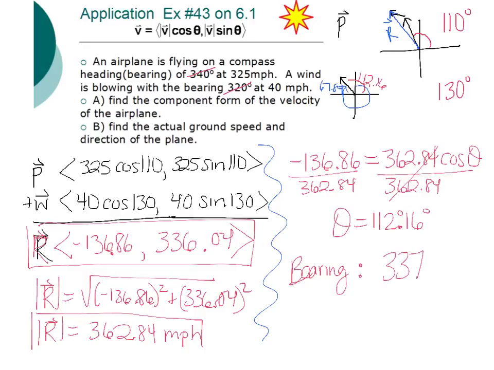And that's the actual direction that I would report, which is the direction of the airplane. So much stuff involved here. Look through this, watch this part of this video, this slide again if you need to. We'll have several of these that we're going to work on in the next couple days. So good luck.